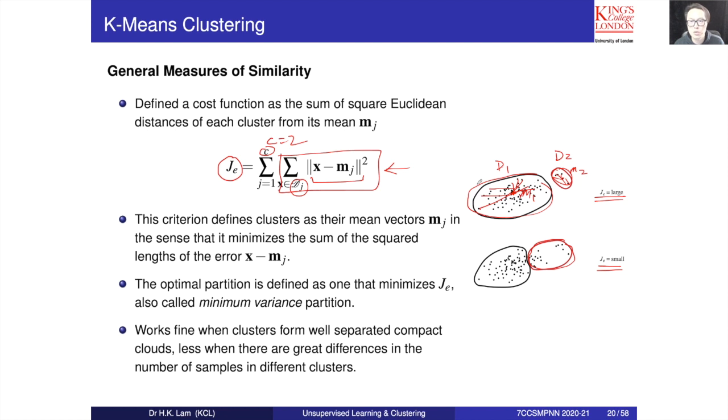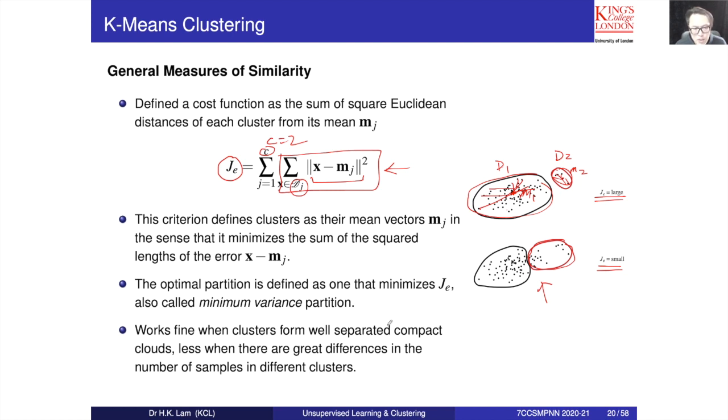Obviously, this should be one group, this should be another group. But when we choose this kind of Euclidean distance as the metric, it gives us this result. So sometimes the result doesn't make sense, but we have to choose the metric in order to make sense of the clusters.